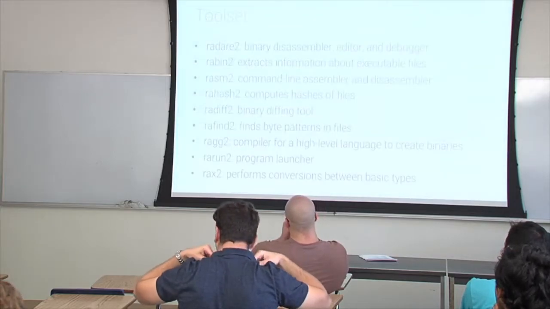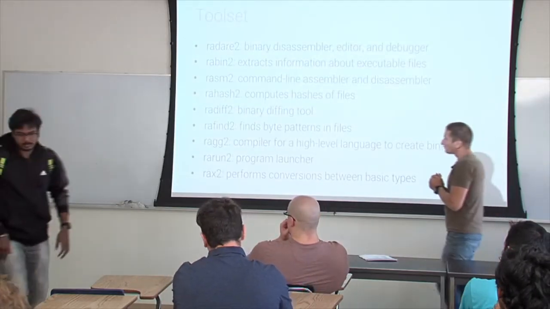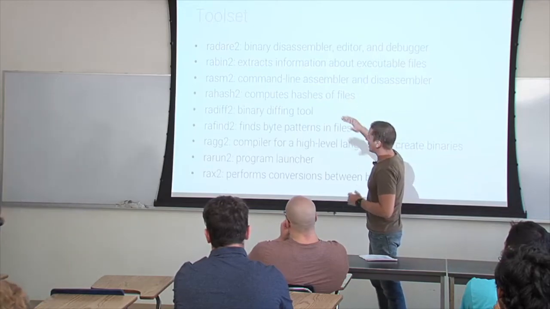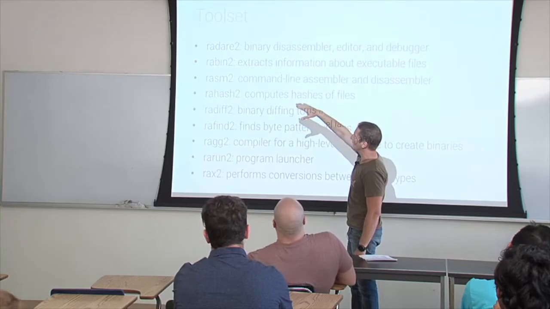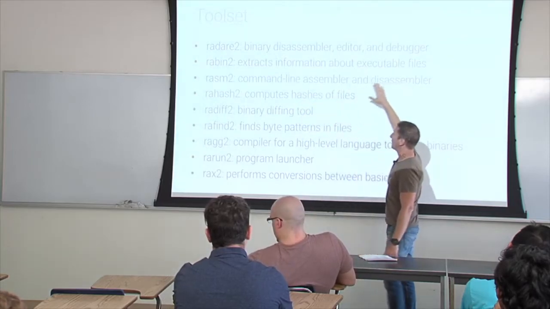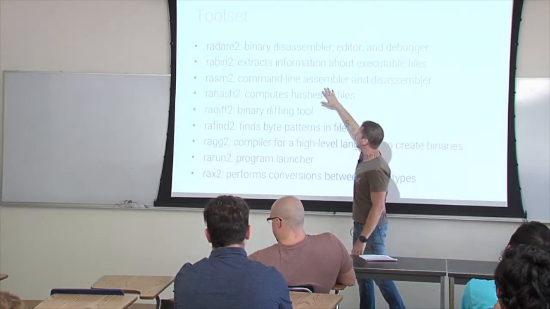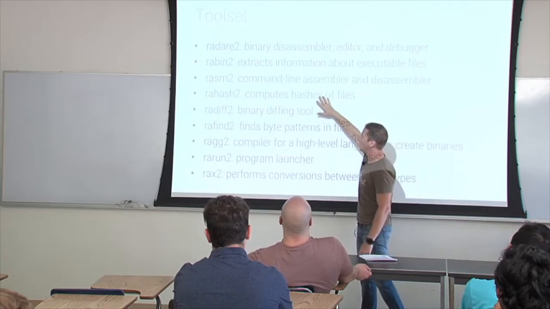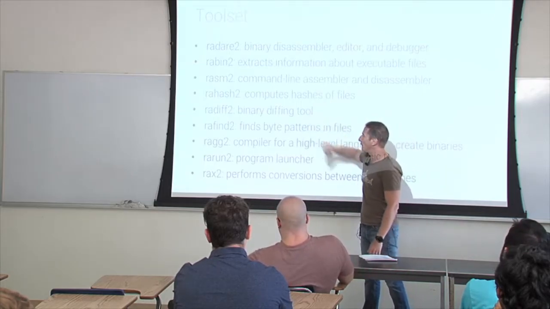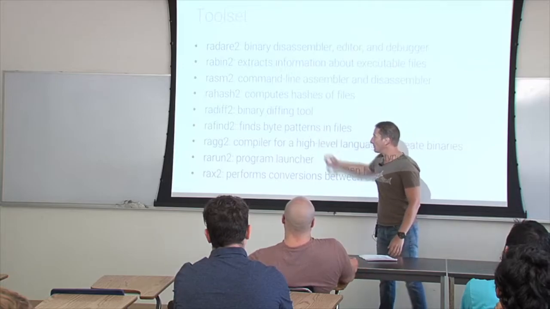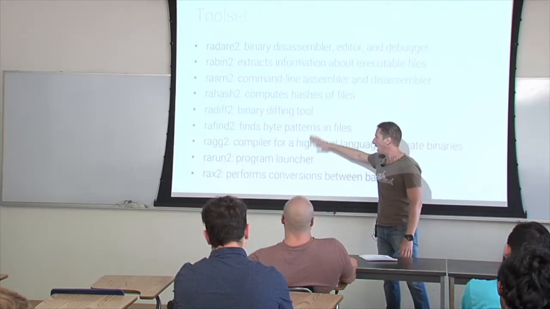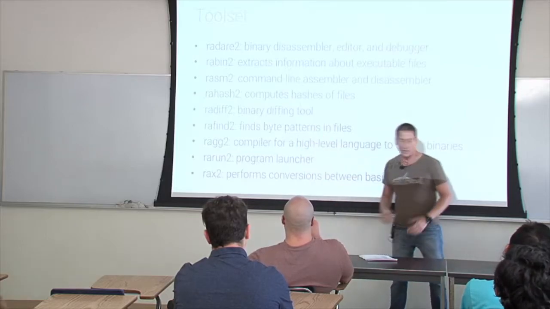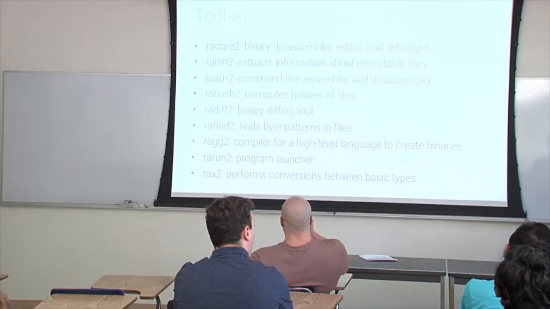Just to give you an idea of what the tool set is, we have radare, which is actually the disassembler, but then we have things like rabin2 that extracts information, command line assemblers, hashing, a binary diffing tool, pattern matching for binaries, and you can even have program launchers and other things that are very interesting. I sincerely find it very useful.